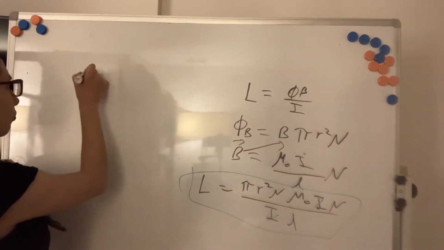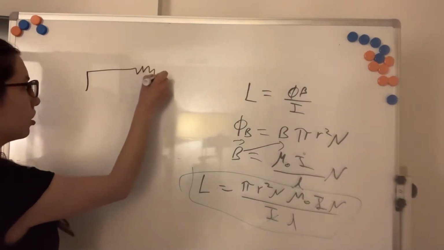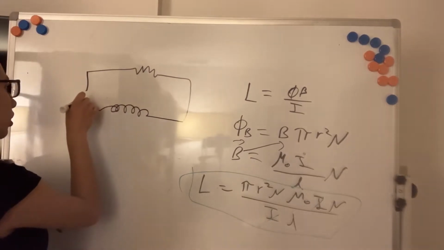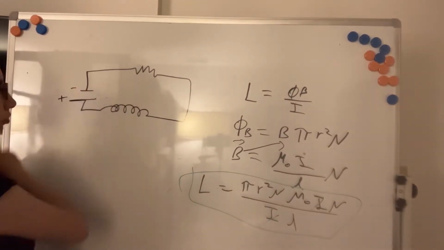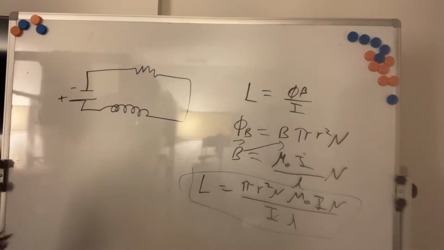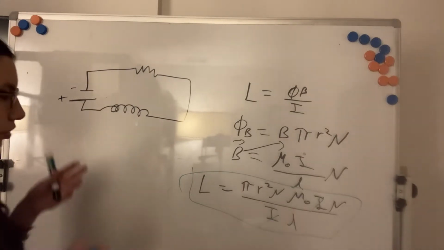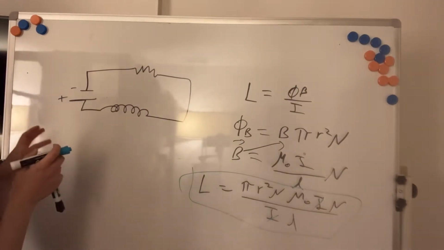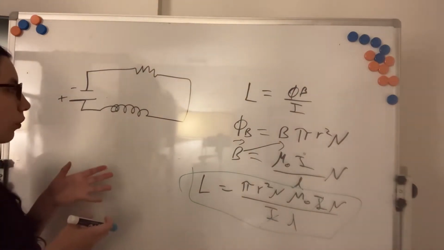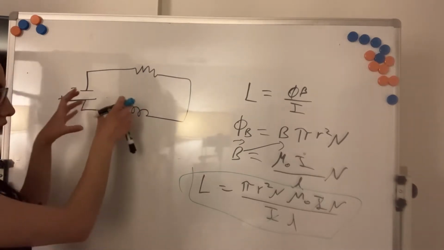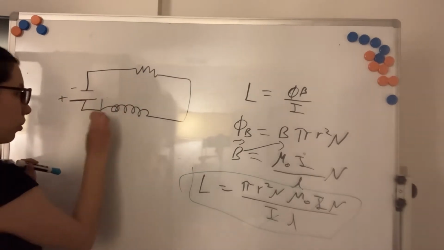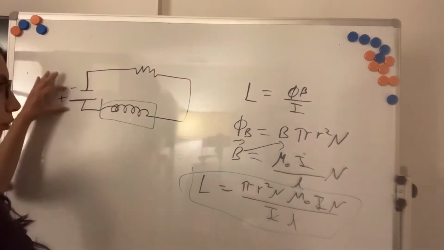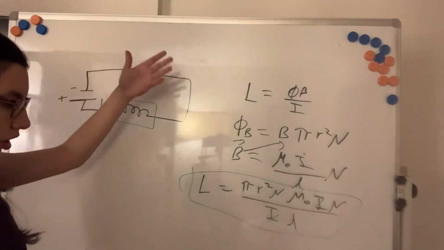That is, we have, let's say, a resistor, an inductor, and the battery. So first, when we are constructing an RL circuit, we make the geometry in a way in which the area of the box that has the inductor is quite large compared to the resistor and everything else.